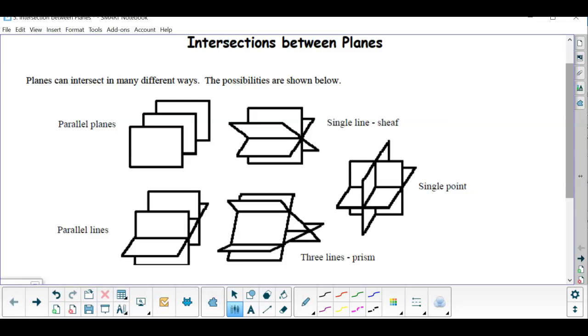Those lines are parallel to each other, but they're not the same. Okay, so they're parallel and distinct from each other. So that's what we want to look at. Whereas here, if we do this one and this one, we get a line. We do this one and this one, we get a line, and they're exactly the same line, right? Because that's the intersection of all three.